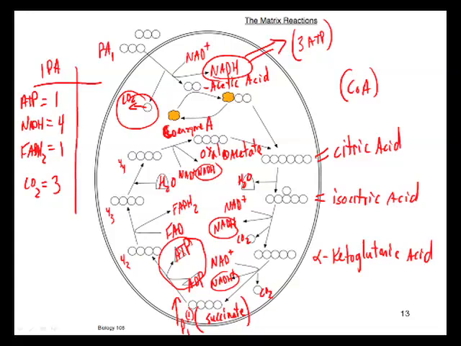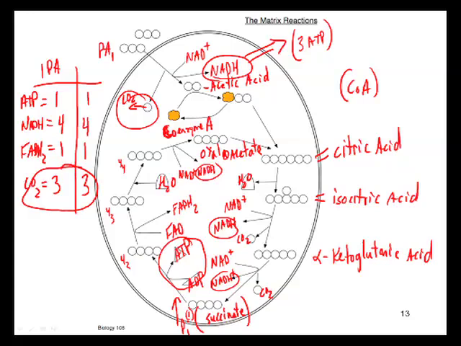We have a second pyruvic acid that needs to undergo this entire process as well, which would give us 1 more ATP, 4 more NADHs, 1 more FADH2, and 3 more carbon dioxides. So what's our total carbon dioxide we've produced? 6. Doesn't that fit with the 6 in the original cellular respiration reaction we looked at?